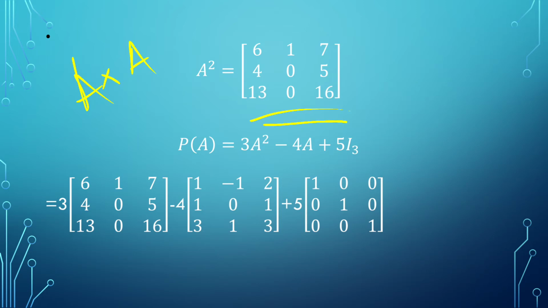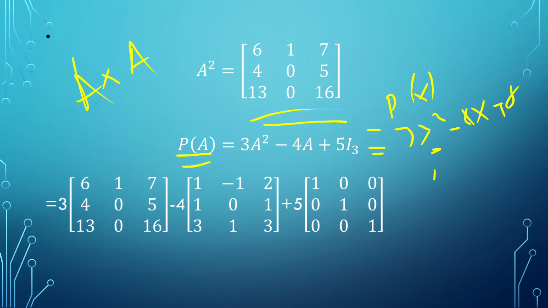Okay, so now writing our polynomial as p(A), we are borrowing from our p(x), because it's equal to 3x squared minus 4x plus 5. So where we have x, we put A, and therefore we have this kind of polynomial here.